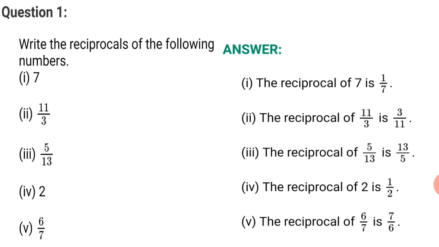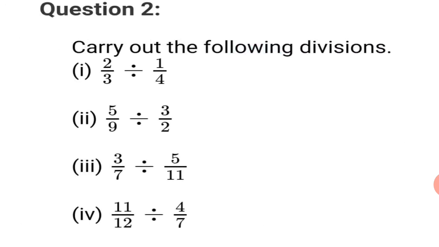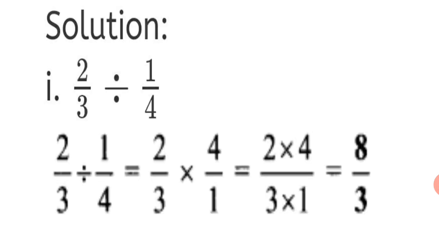Let's go to question number 2. Carry out the following divisions. First sum, 2 upon 3 divided by 1 upon 4 is equal to 2 upon 3 as it is. Division we convert into multiplication, and when we convert this division into multiplication, we write the reciprocal of the next fraction.